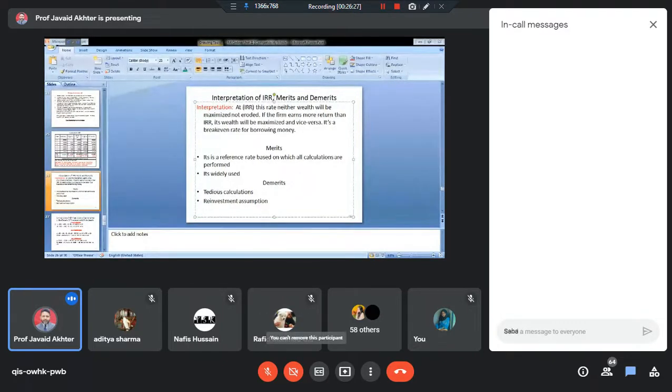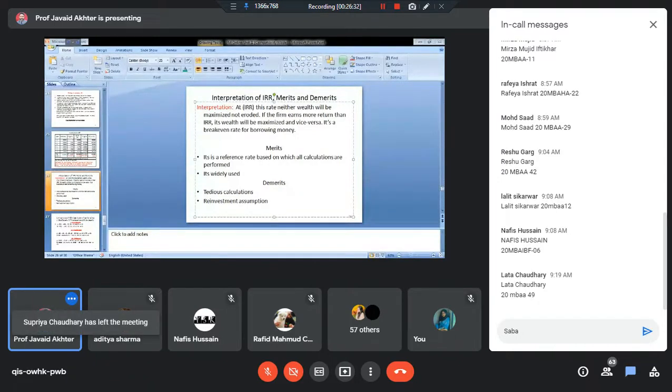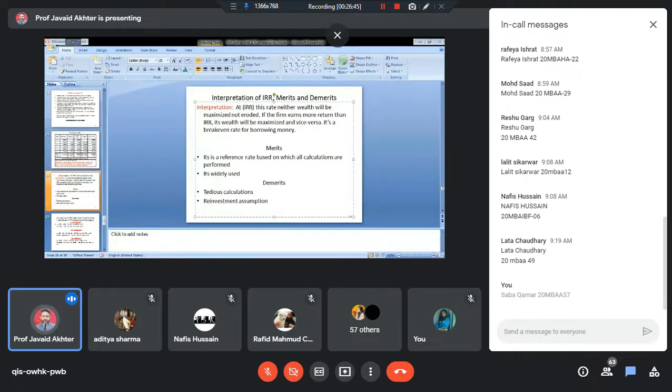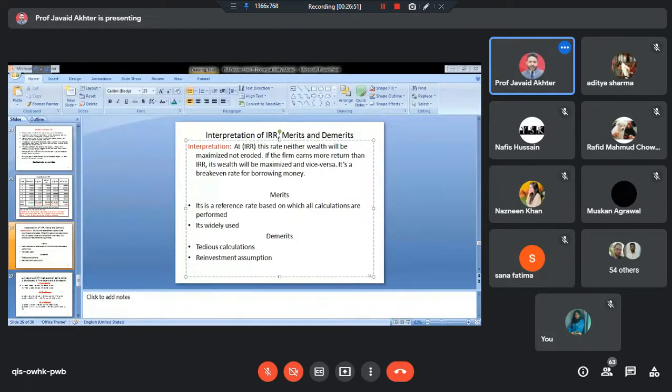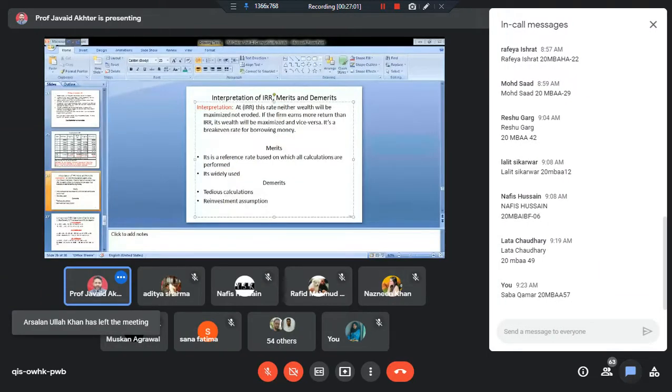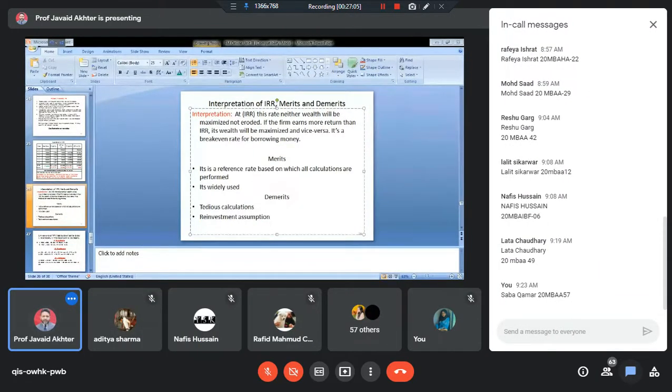As I'm typing it out, as a student you have two proposals. Proposal A is better as per the payback period method, and proposal B is better as per the IRR method.